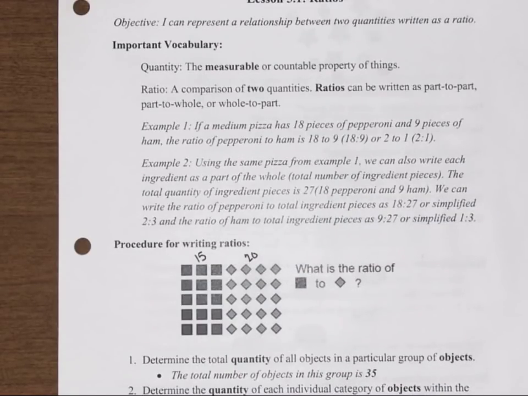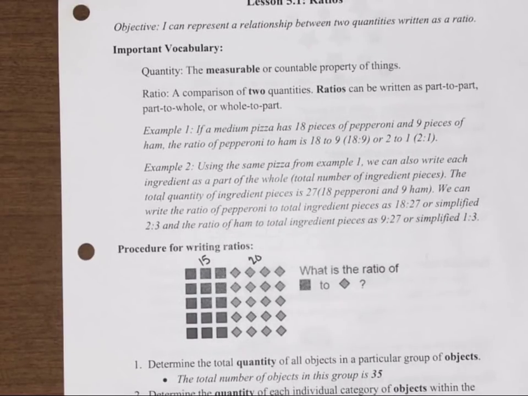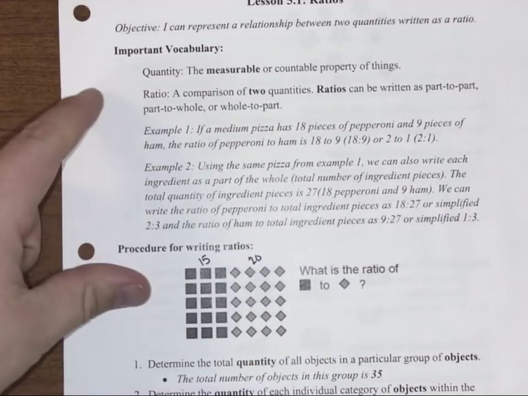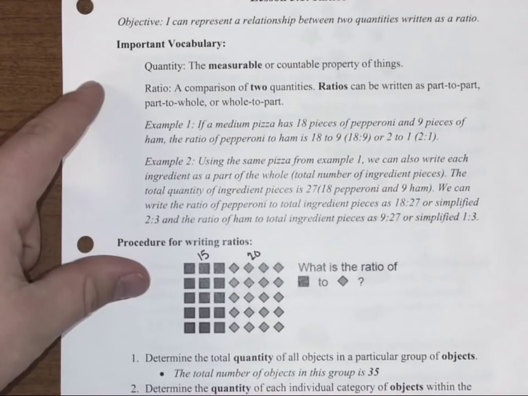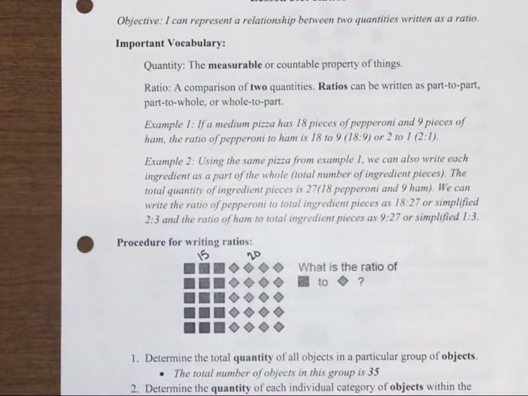Now, we can make comparisons of how many objects of each type there are within the group of objects. For example, the ratio of squares to diamonds is 15 to 20. Or if we simplify that, we could divide both 15 and 20 by 5. 5 goes into 15 3 times, and 5 goes into 20 4 times. So the most simplified version of that ratio would be 3 to 4.